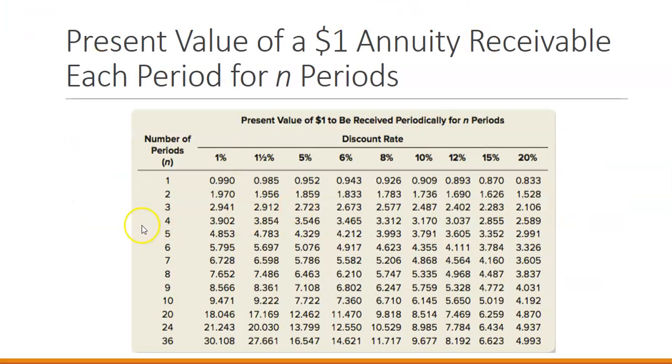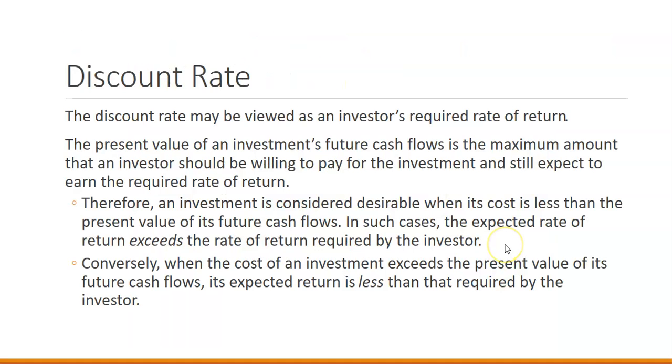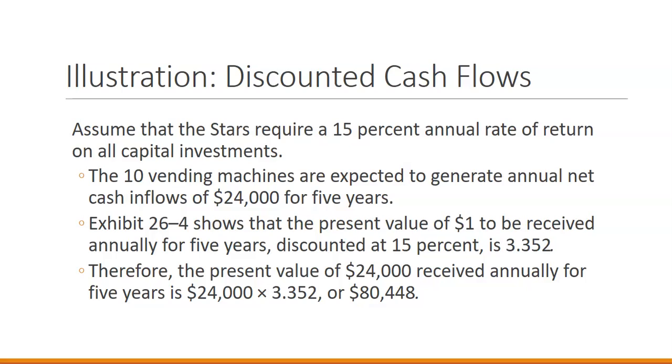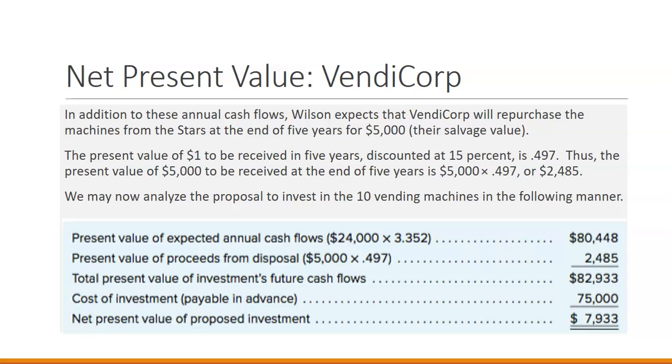The present value of 1 to be received annually for 5 years, discounted at 15%, is 3.352, as we can see on this table. So 5 years, 15%, 3.352. So the present value of that $24,000 received annually for 5 years is $80,448. In addition to these cash flows, we're going to receive the $5,000 salvage value at the end of useful life.